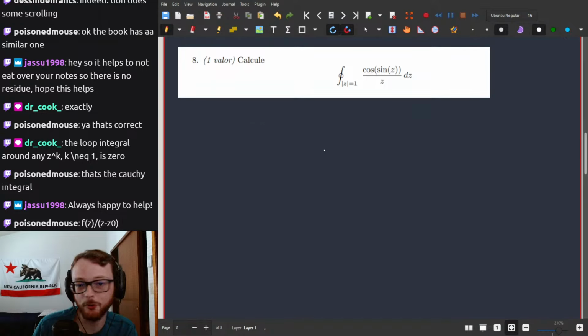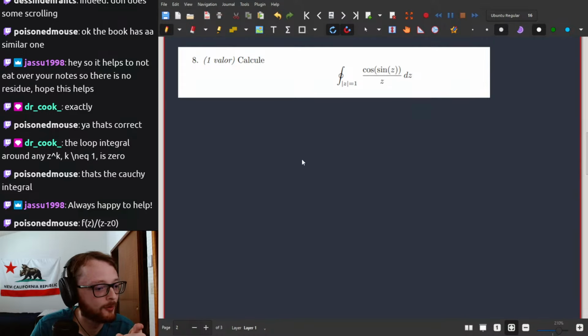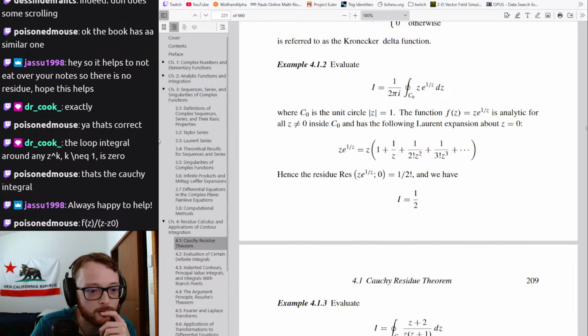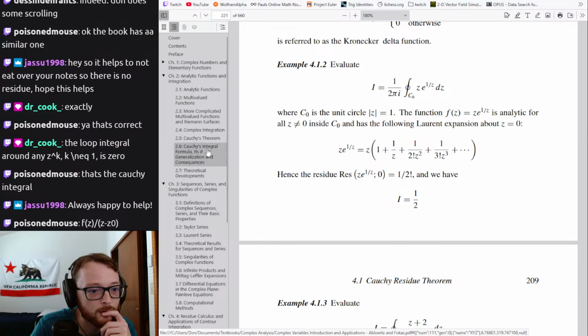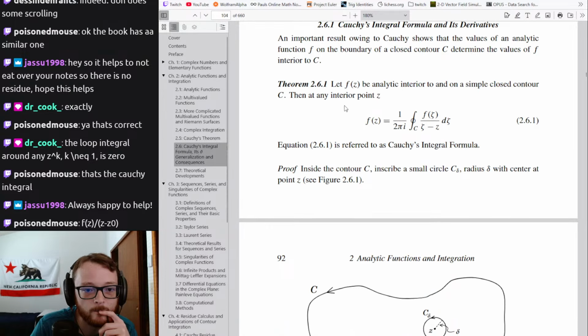Cauchy. Oh no. Cauchy's integral formula. We don't need to actually integrate this. Thank God. Oh, ooh, yeah. Yeah, yes. Yes. Yes. Okay.